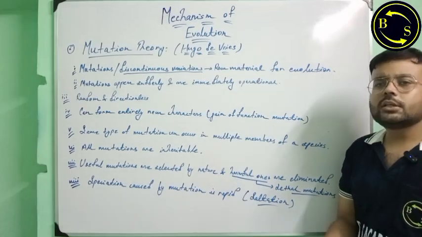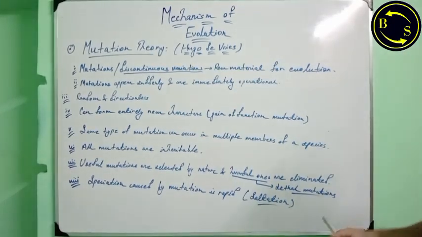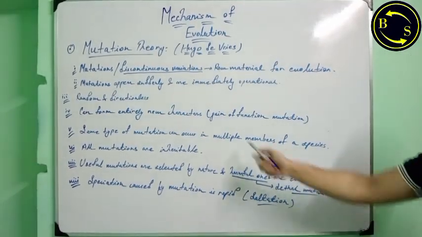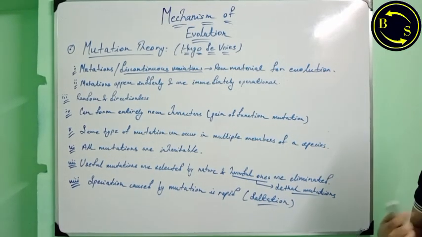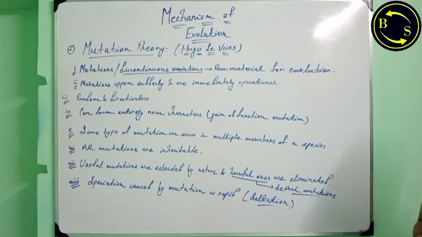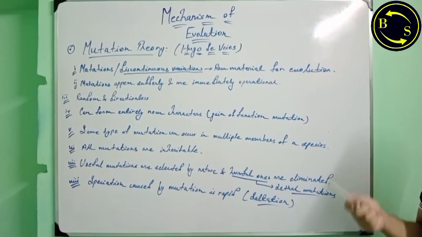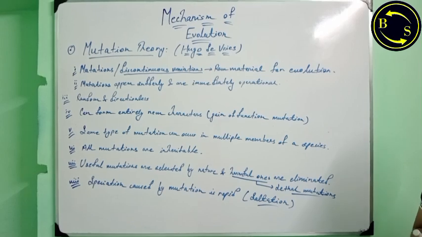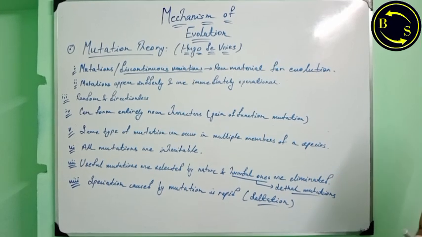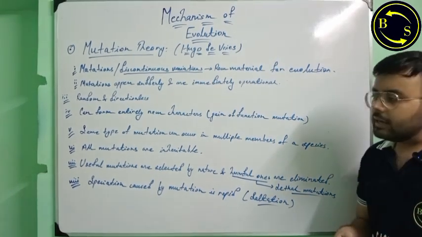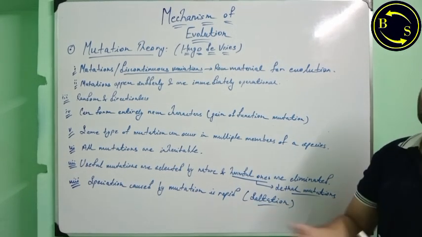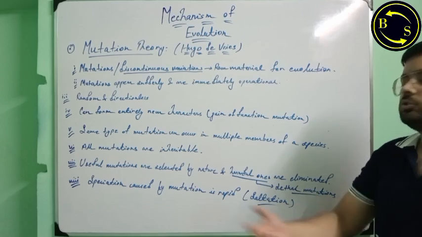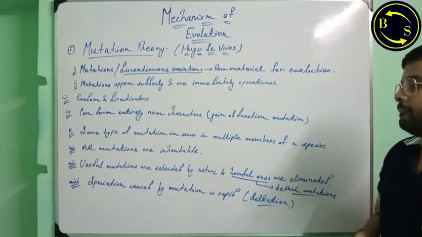Meaning a mutation which is a gain of function mutation that imparts a new characteristic to an organism, if that characteristic enables the organism to survive better in its environment and increases its rate of survivability, will be selected by nature. It will be conserved and passed on to the next generation.